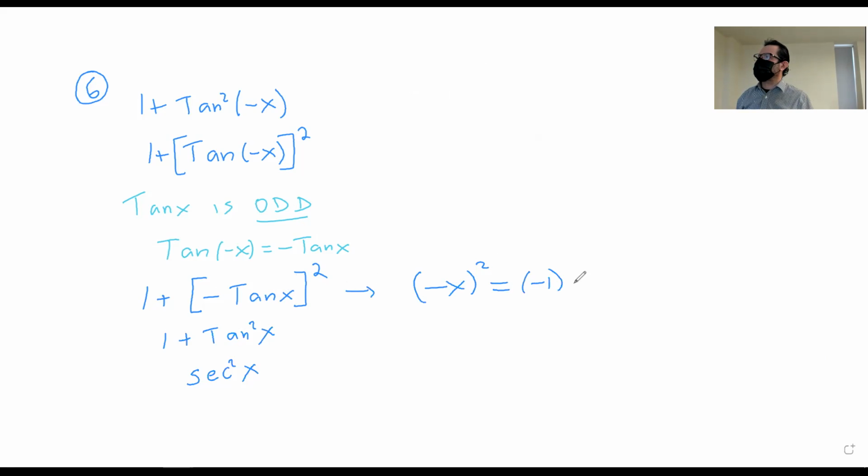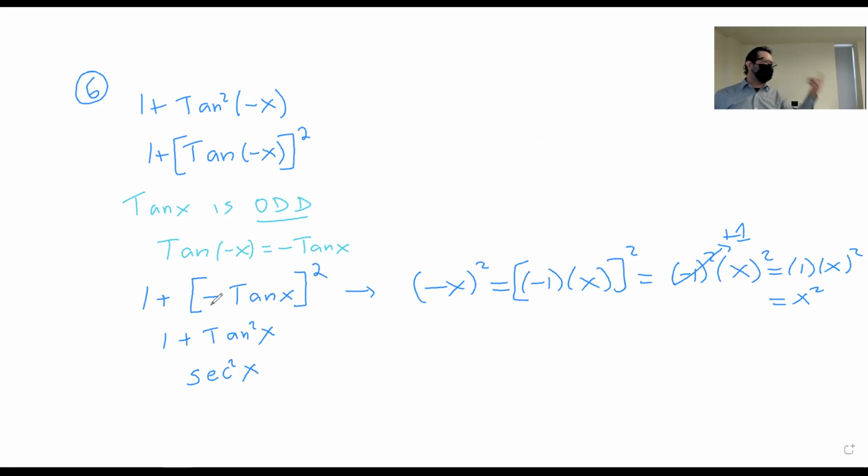This is the same as minus 1 times x elevated to the square, which is minus 1 squared times x squared. The minus 1 squared turns into positive 1, and 1 multiplied by x squared is x squared. So anything negative elevated to an even power is going to turn positive.